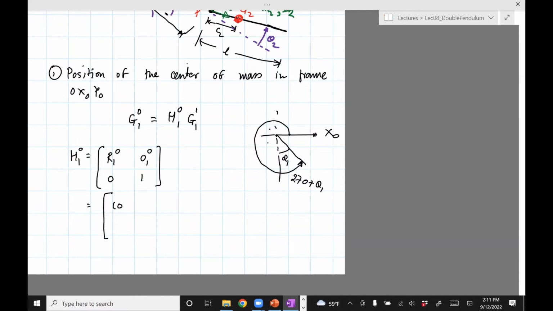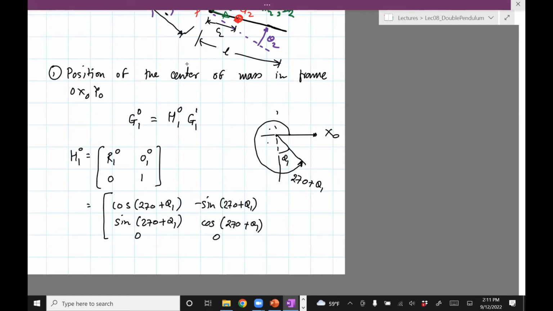So this rotation matrix is cosine of 270 degrees plus θ1, minus sine of 270 plus θ1, sine of 270 plus θ1, cosine of 270 plus θ1, 0, 0.